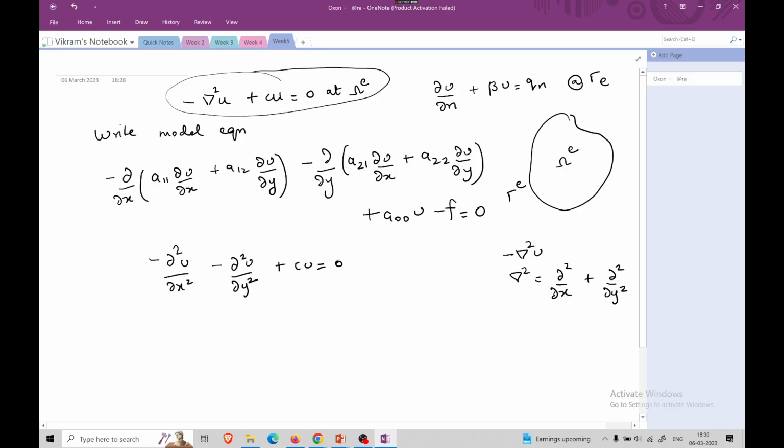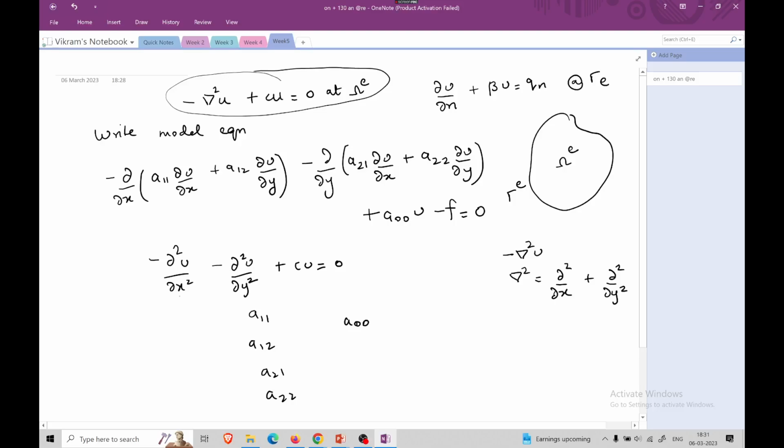If I compare both, what are my a11, a12, a21, a22 and a00? There are no dou x dou y terms, all are either x square or y square.